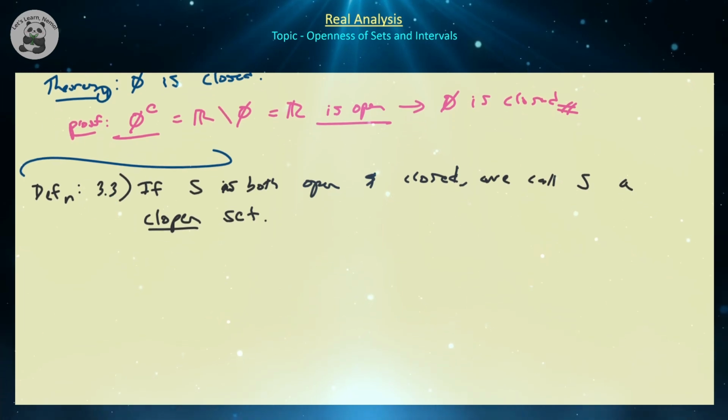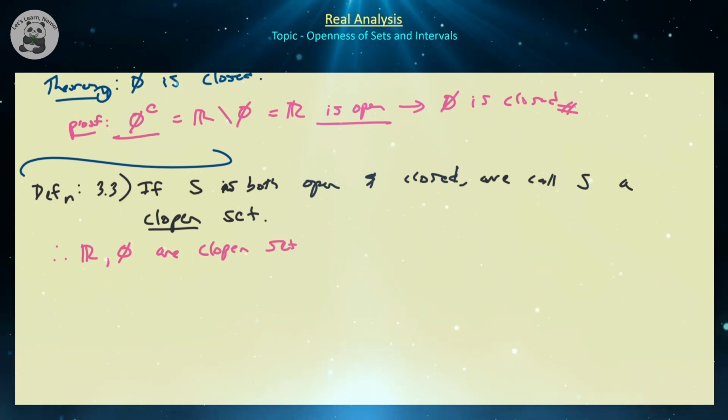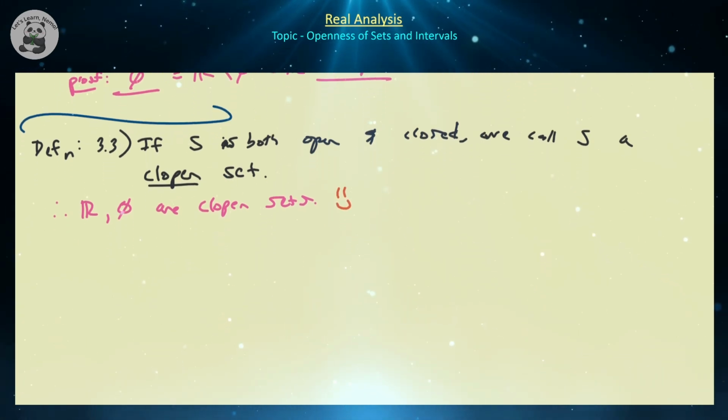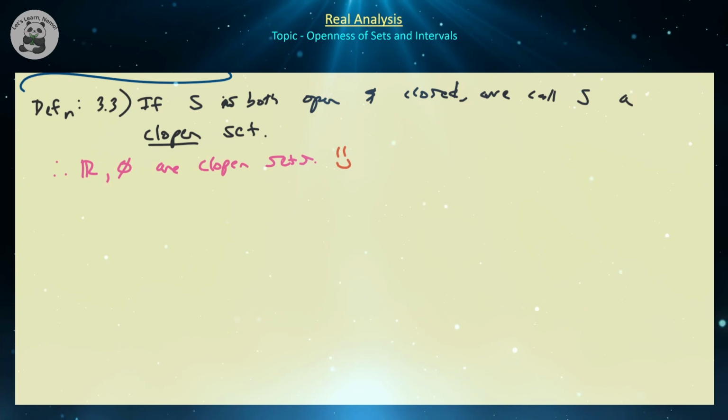Okay? So that means, from our previous discussion, that R and the empty set are clopen sets. So that's pretty interesting. Now, question, are they the only ones?